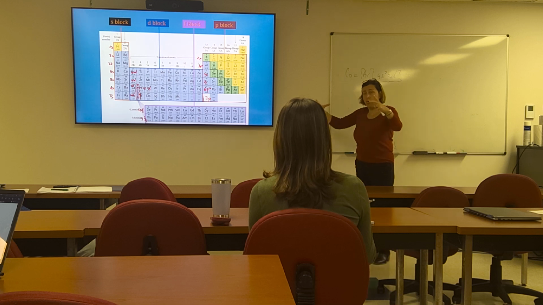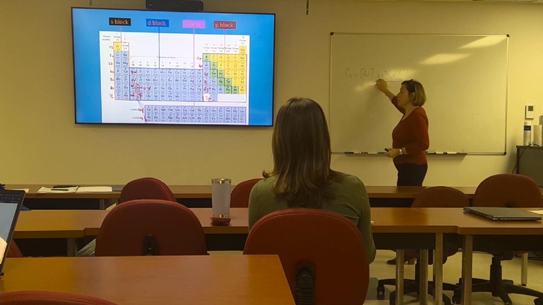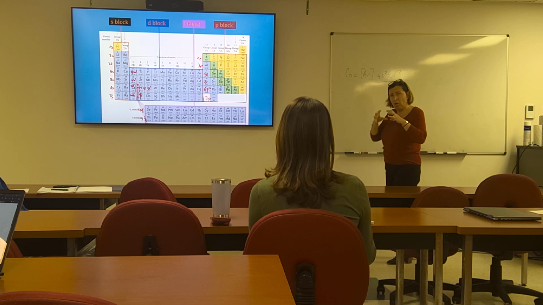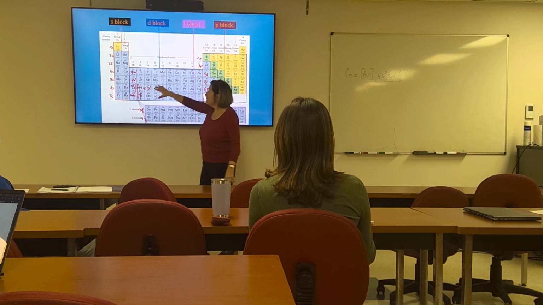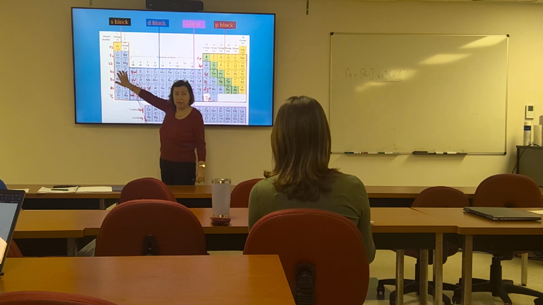4s is further away from the nucleus. It should have the highest energy, but because it's a simpler orbital, this 3d that has already 7 electrons in there, the repulsion between the electrons is stronger and it's going to create a higher energy. So for the D block elements, the d orbitals have a higher energy than the 4s, than the s orbitals.